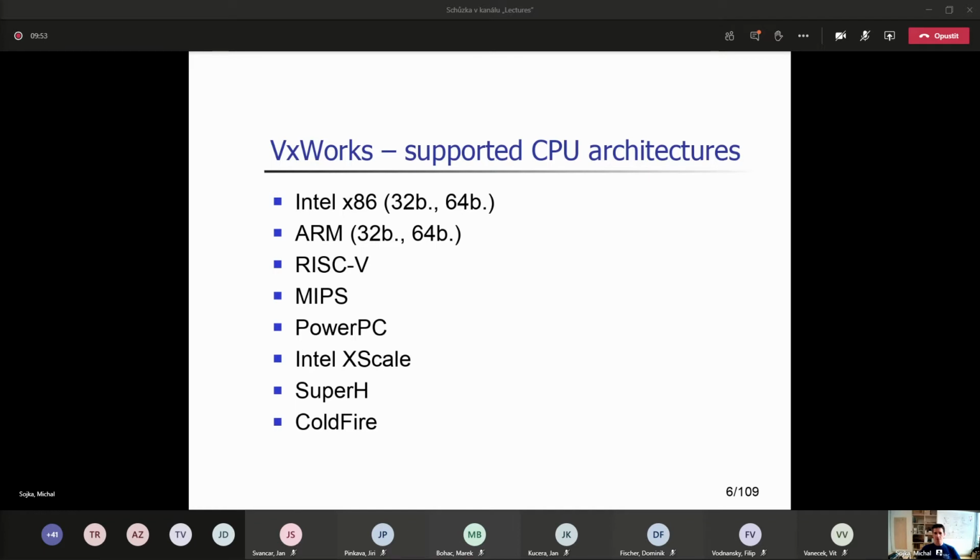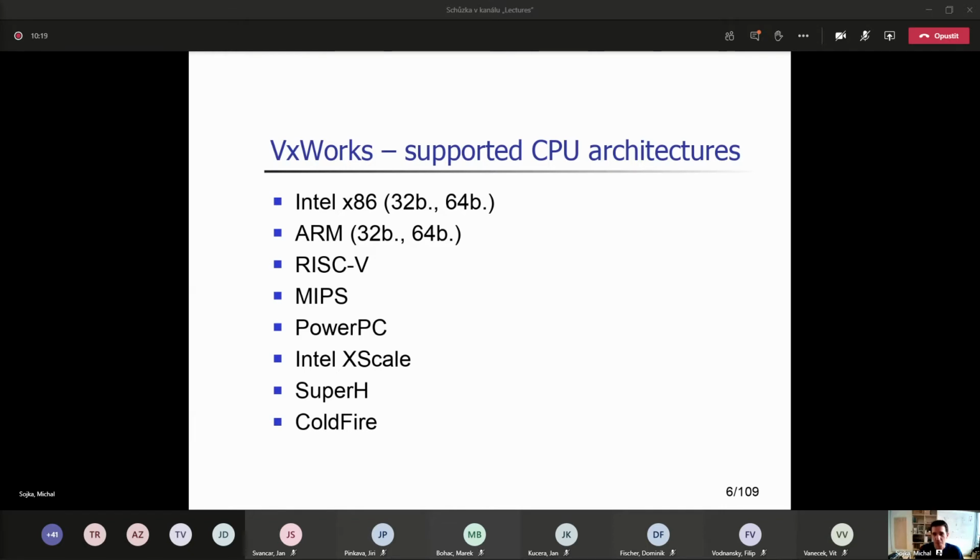So these were features. Now, which CPU architectures are supported by VxWorks? This list also evolves over time. So of course, Intel CPUs are supported. By the way, VxWorks is now owned by Intel, so it would be strange if Intel were not supported.